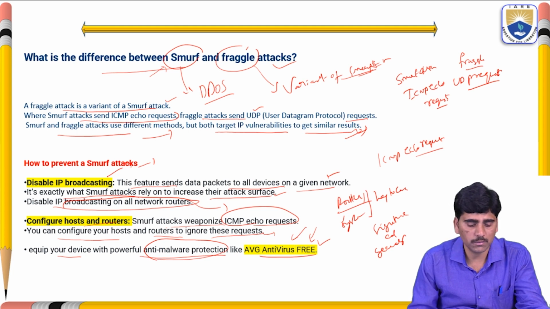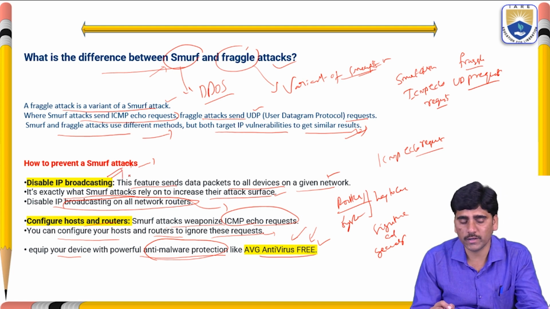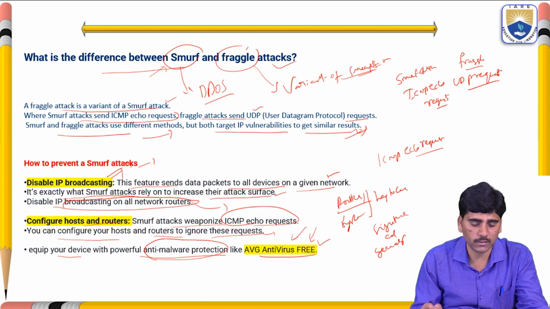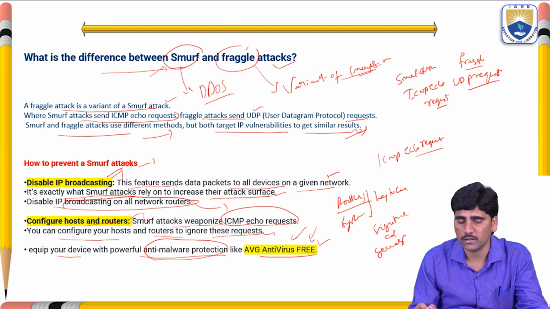You can prevent Smurf attacks by disabling IP broadcasting and configuring your hosts and routers securely.